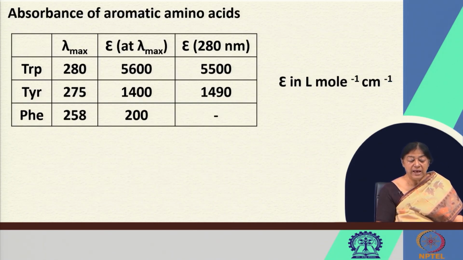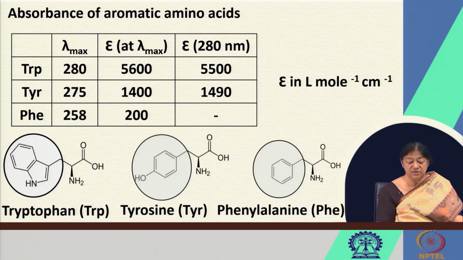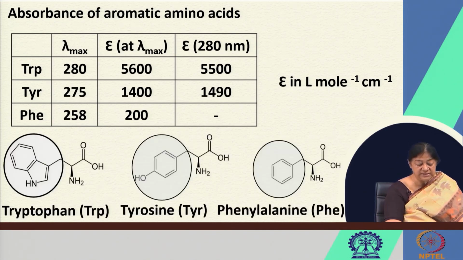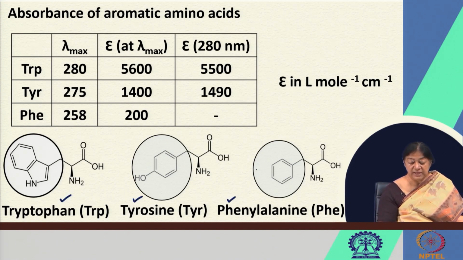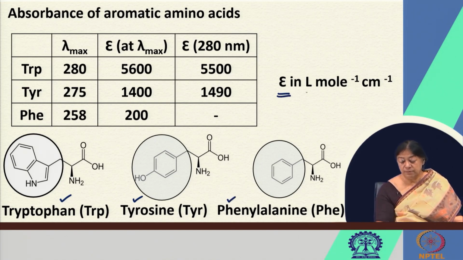So, if we look at the absorbance of the aromatic amino acids, we look at what is called an extinction coefficient that gives us a measure of the capability of the particular moiety, or the particular chromophore in this case, to absorb light. Now, when we look at the extinction values here, these are the side chains of tryptophan, tyrosine and phenylalanine, and this extinction value is given in the units of liter per mole per centimeter.